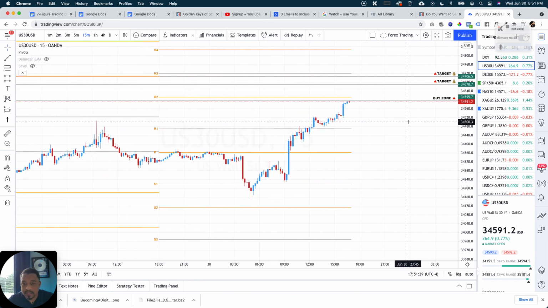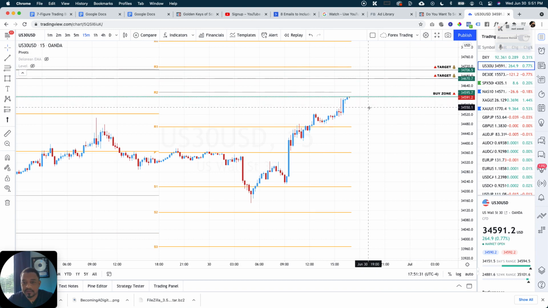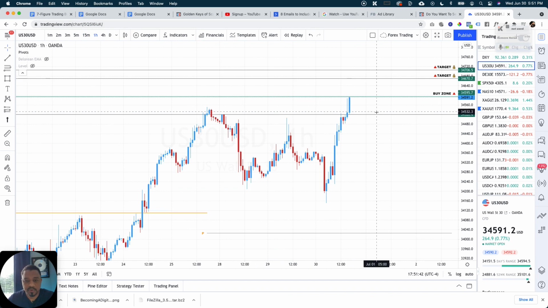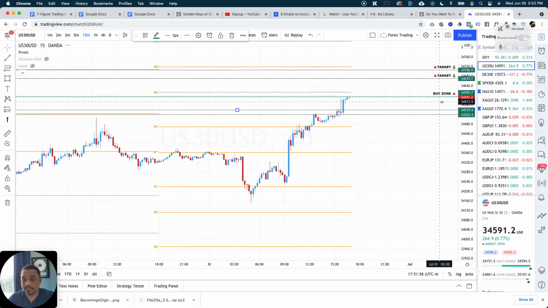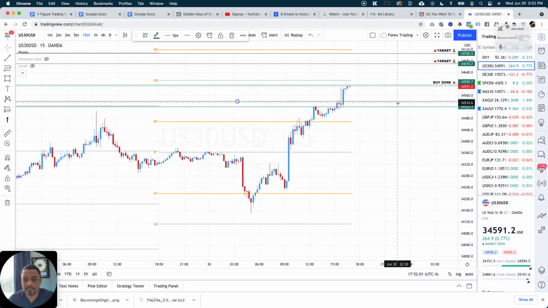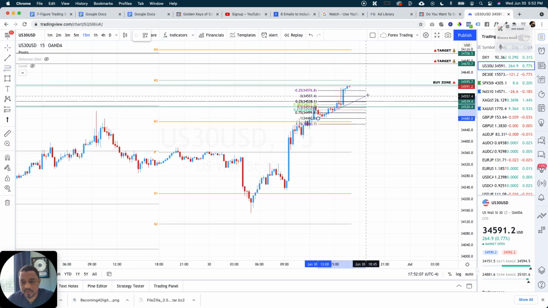So in this case, this would be a potential area of support. There's the breakout. There's the breakout. Let's do a fib on this 15 from the swing high.